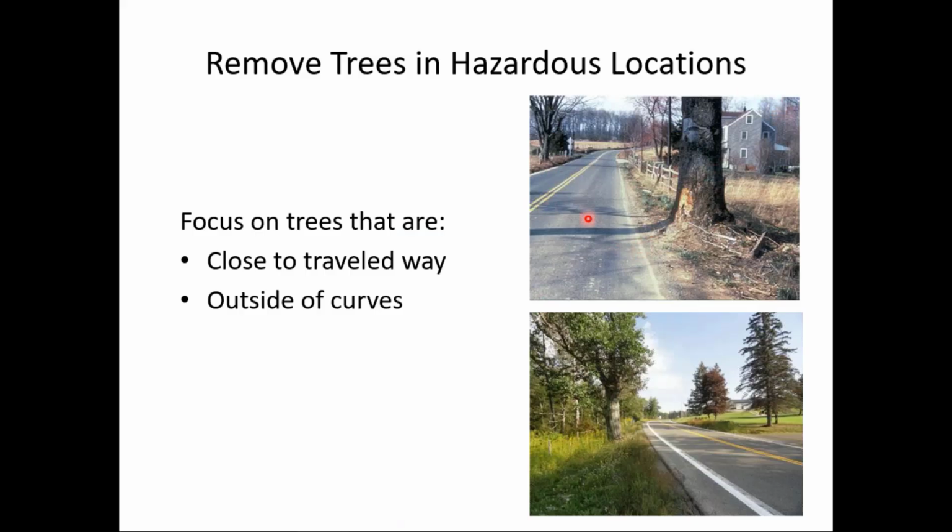This is a historic area, so this tree may have some historic significance, but to me, if we could remove that tree, it would be a good candidate for removal because it's close to the road. Or for example, here it looks like we have a tree, you can see a curve here, kind of on the outside of the curve, closer to the road maybe than other roadside features. So to me, that would be a good candidate for removal if we can do that.